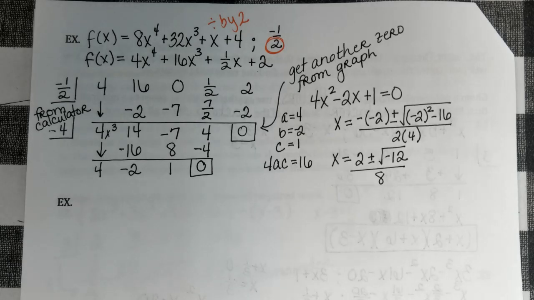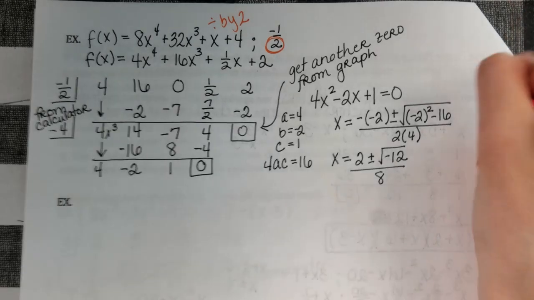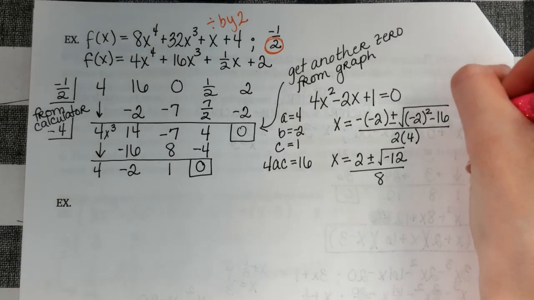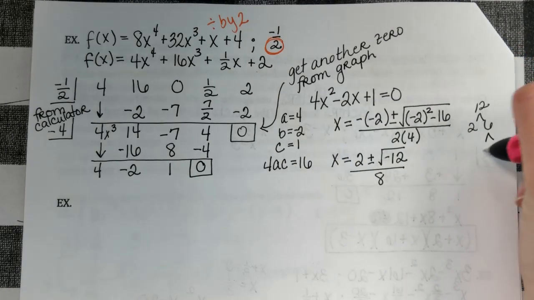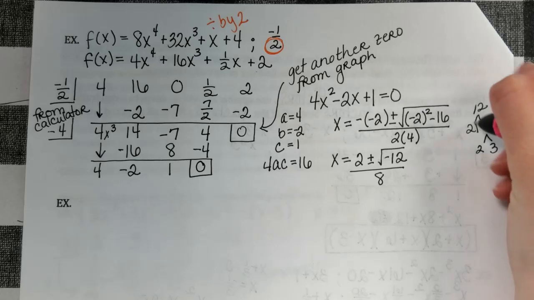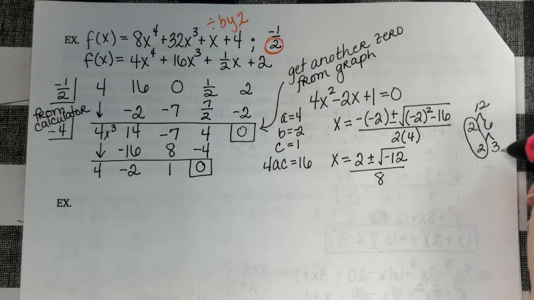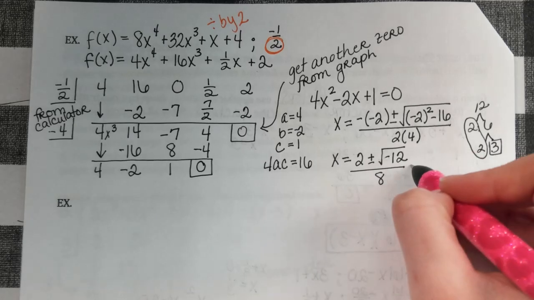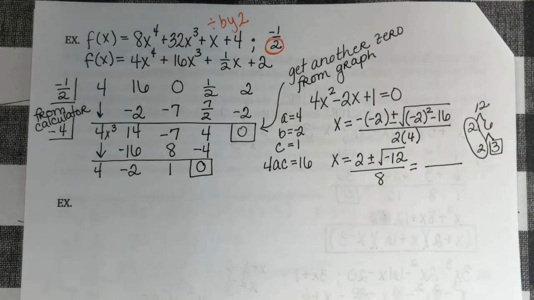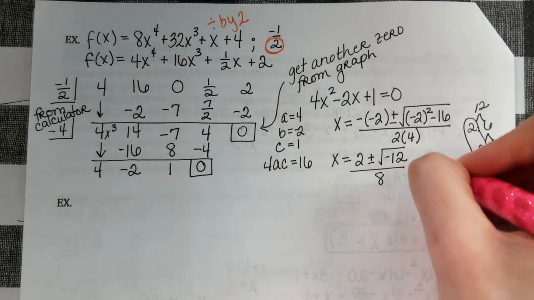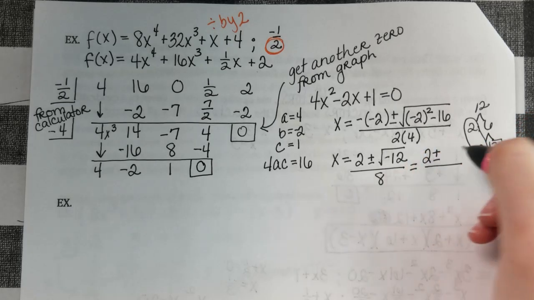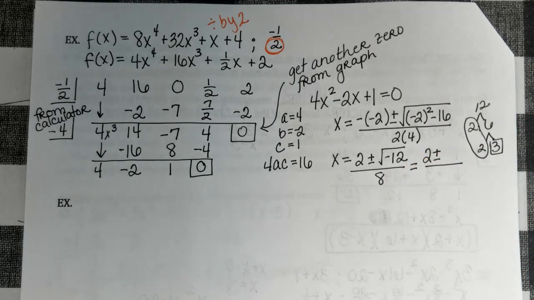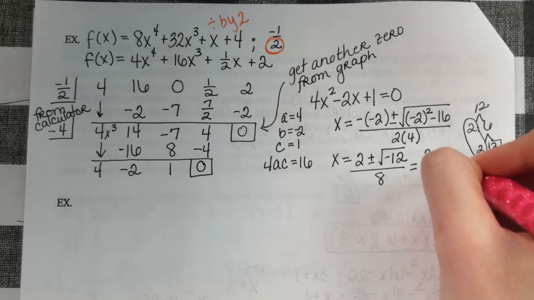Okay, so what do I do with that -12? Break it down. Okay, so I've got a 12, that splits 2 and 6, 6 splits 2 and 3. So I have a pair of 2's with a 3 left over. So I've got 2 plus or minus what? 2i square root of 3, good.